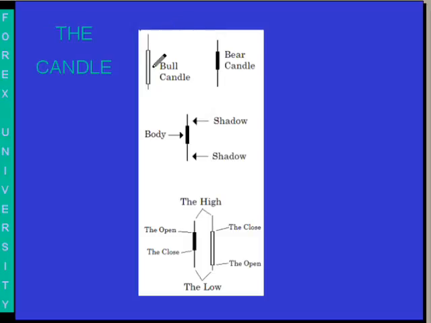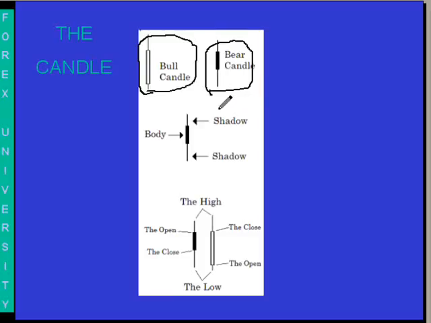They're called candles because they seem to have the look of a candle with a wick, also known as a shadow. This would be a bull candle, meaning that the price has gone higher from the open to the close. The bull candle is the candle that's either clear or open like this, or it may be green in color. And a bear candle would be black or filled in or red in color.